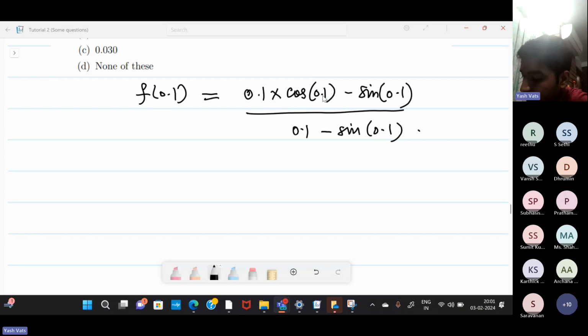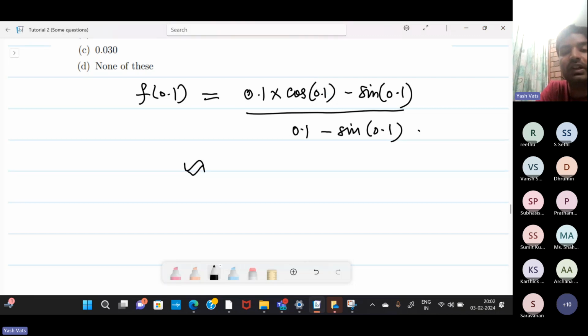Let's do this. Sin of 0.1, it's like 0.99500. So you need to use 4-digit rounding.